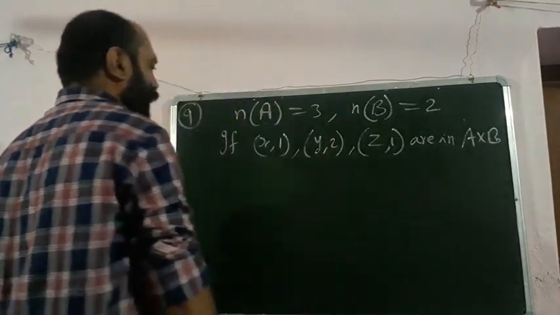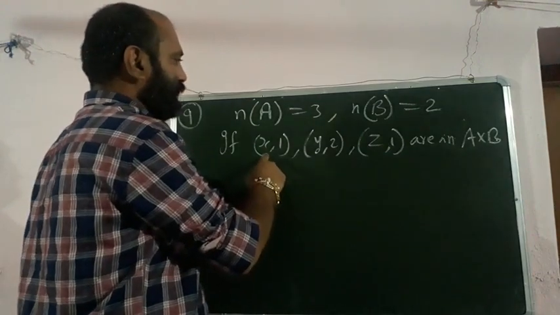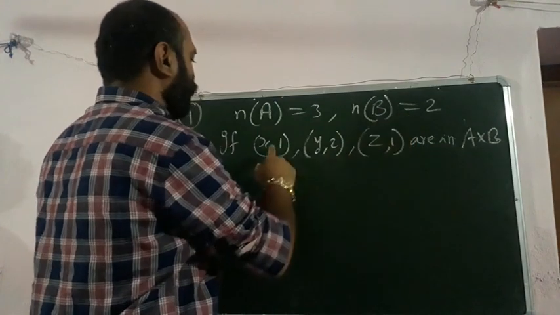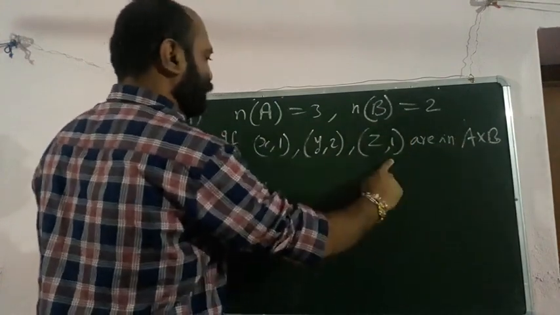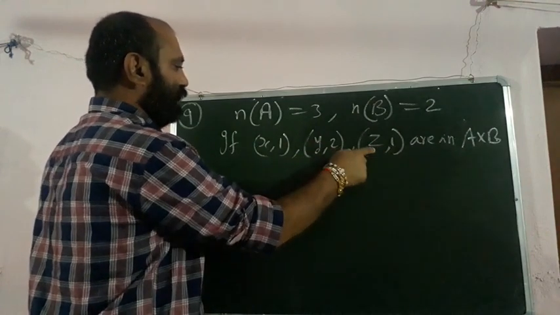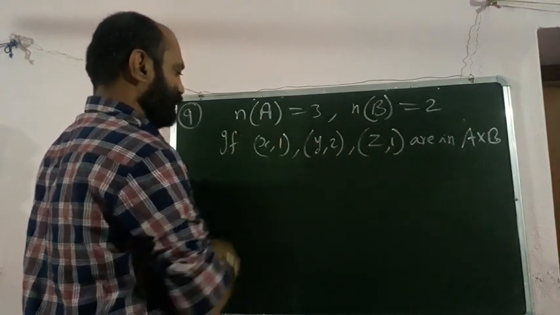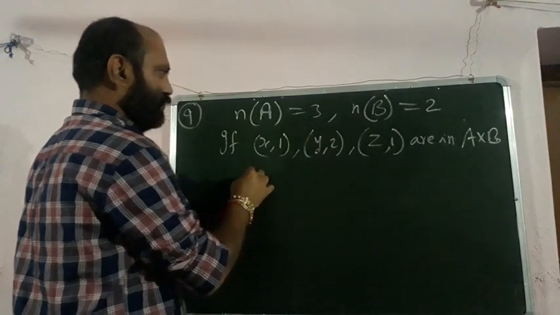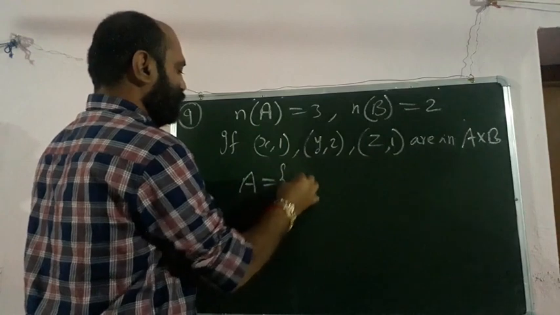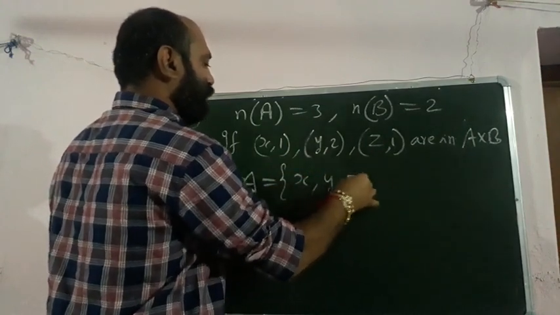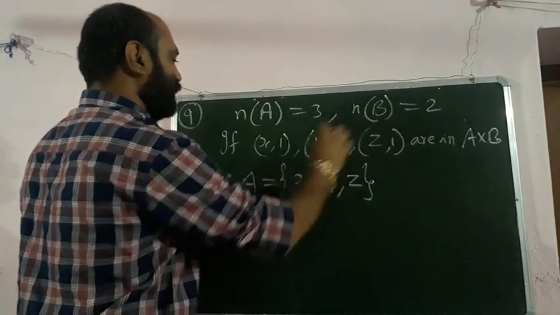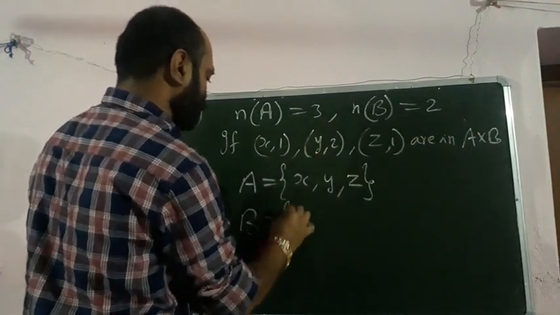So अगर ये आपके पास 3 एलिमेंट्स A में हैं, 2 एलिमेंट्स B में हैं और ये A क्रॉस B में ये 3 पेयर इंक्लूड हैं, तो it is understood that the first elements are the elements of the first set. सो ठीक है जी, तो फर्स्ट सेट आपके पास A है, तो A has the elements x, y, z and B has 2 elements and those 2 elements are 1 and 2.